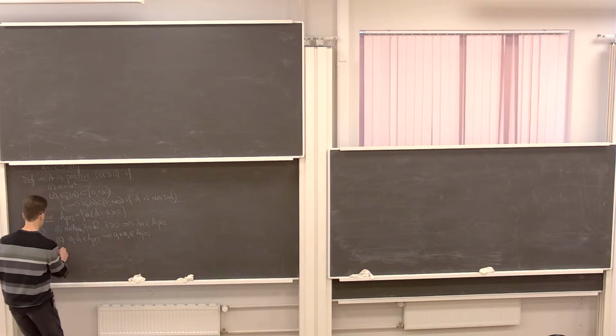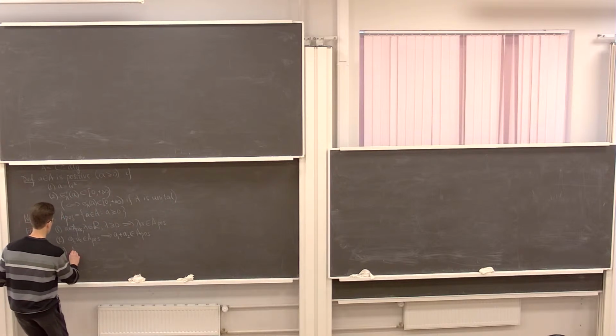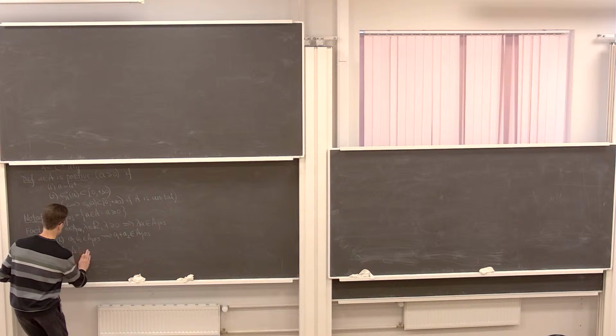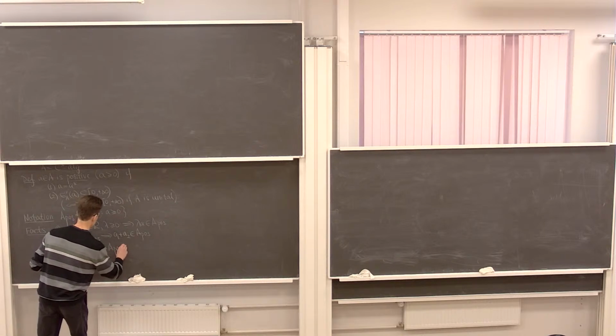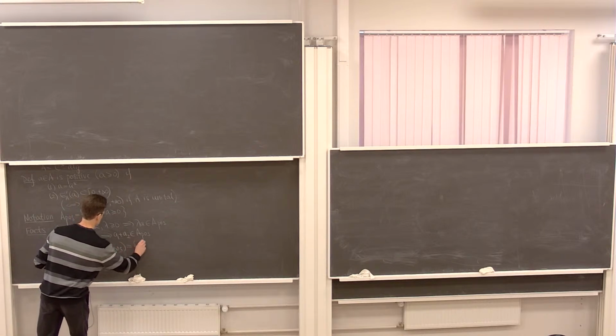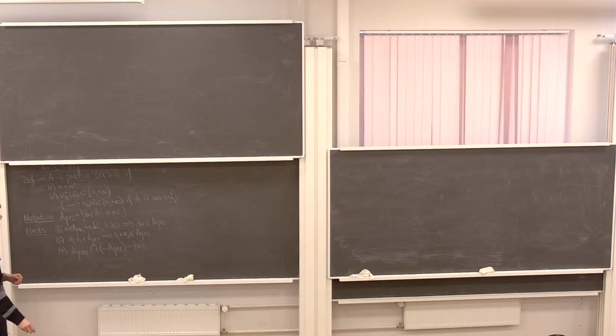And we also observe that the following formula holds. So this intersection is 0. In other words, if an element little a is positive and minus a is also positive, then a is 0.